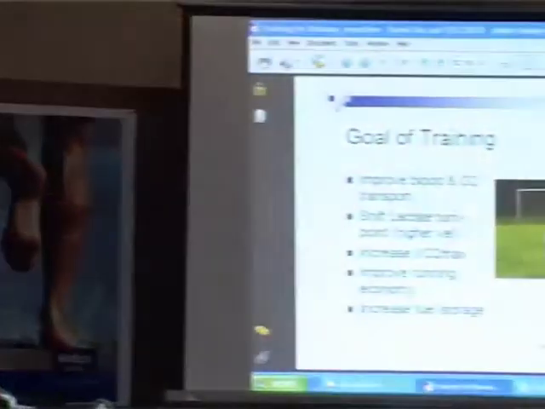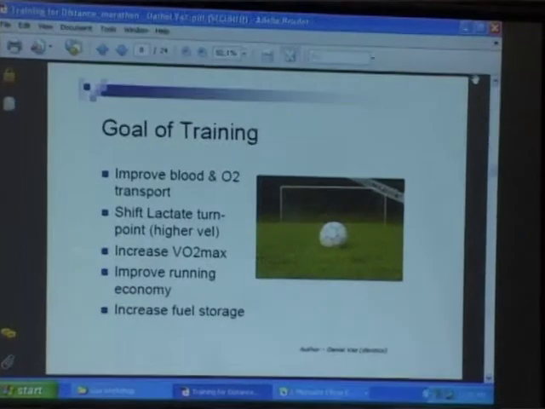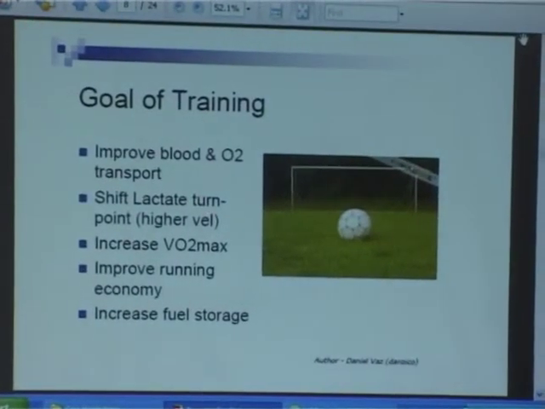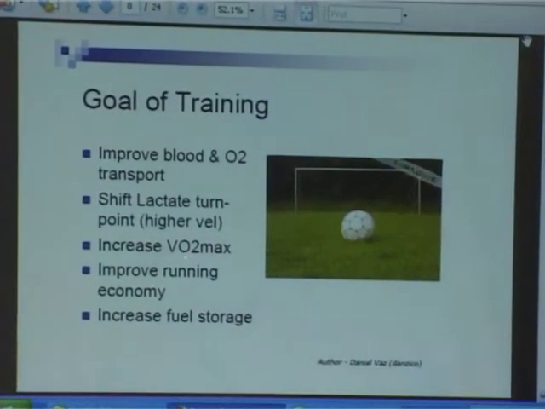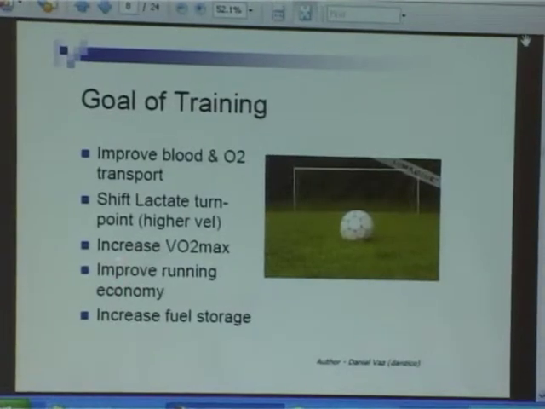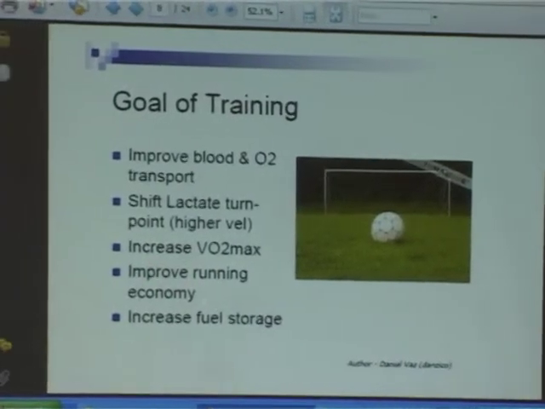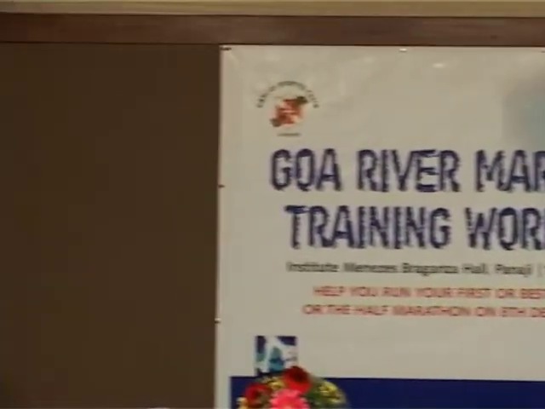Goal of training. Our intent is to improve blood and oxygen transport to the working muscles, which means that your cardiac output is going to go up. You are going to have enzymatic activity in your body which is going to improve the rate at which oxygen is utilized by your working muscles. You have certain powerhouses inside the cellular structures of your muscle called mitochondria.